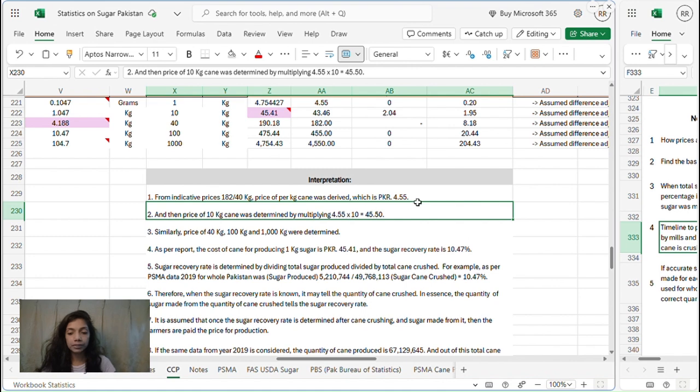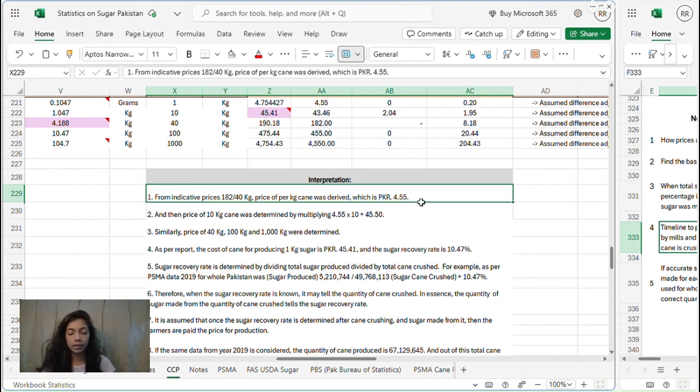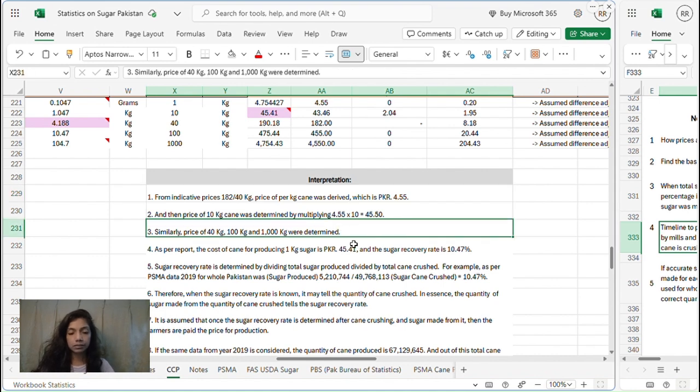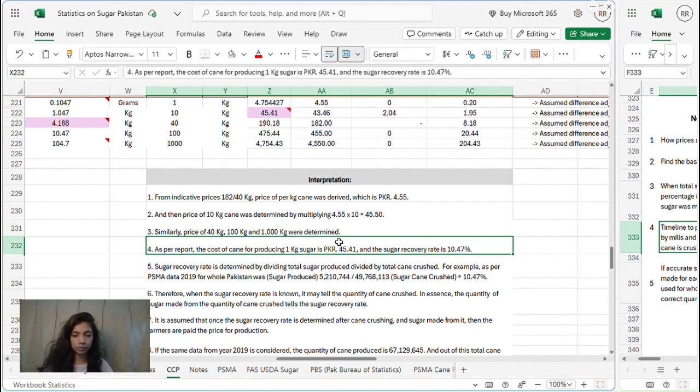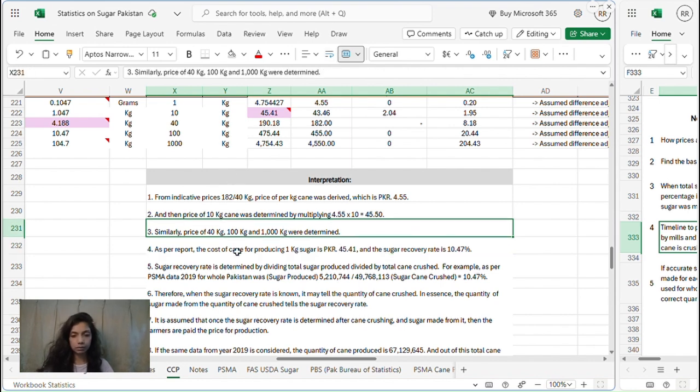When you multiply this per kg price of cane with any number, 2, 3, 5, 10, 15, you get the price according to that number, because we have derived the per unit price, and when you have the per unit price and multiply it with any number, you get the total price with respect to that number. And then it says similarly the price of 40 kg, 100 kg and 1000 kg were determined, which we have just discussed.